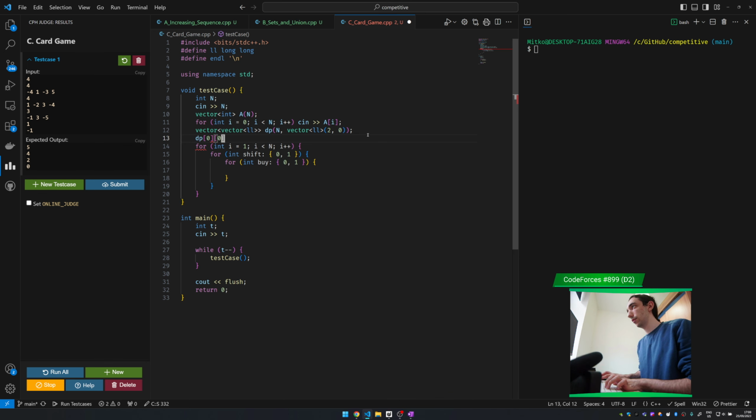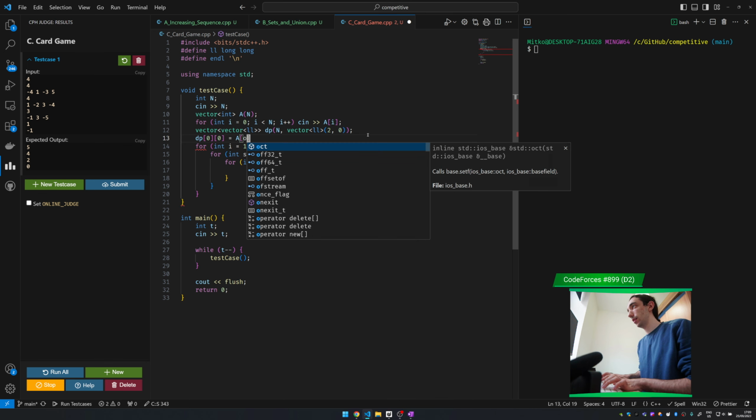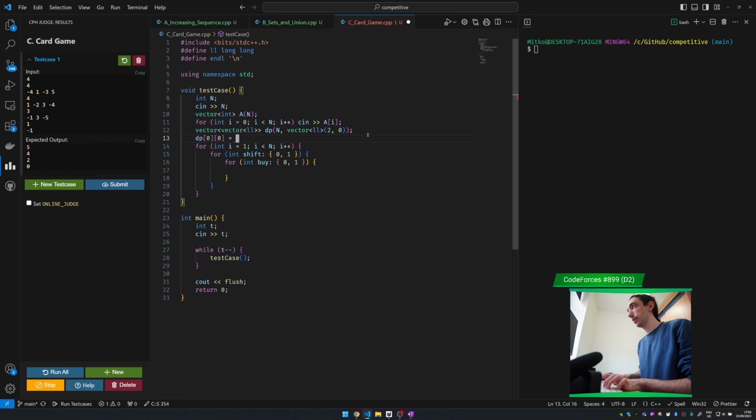dp of 0 and 0, so not shifted, is A of I. I don't buy anything, right? dp of 0 and 0, now I buy A of I, A of 0.